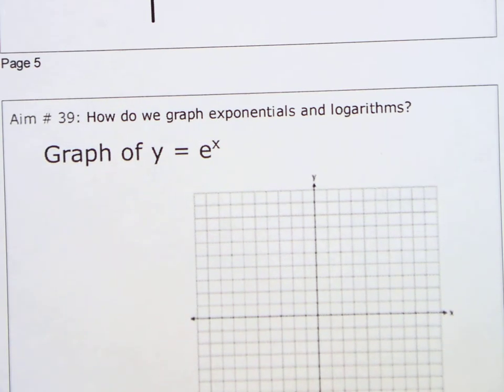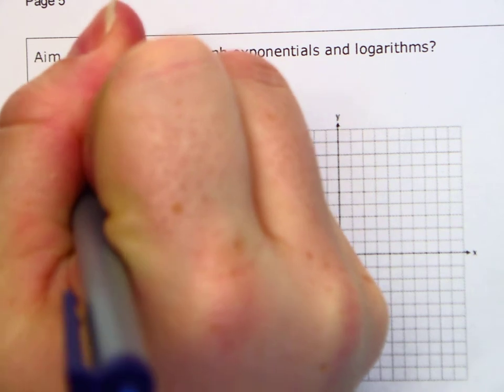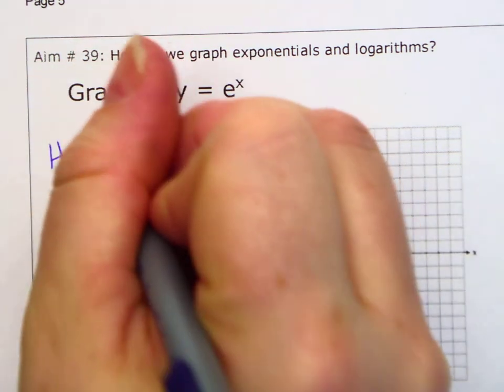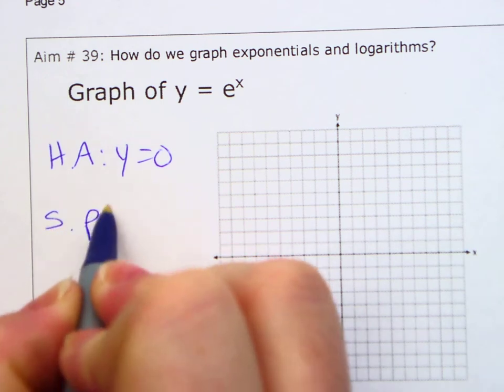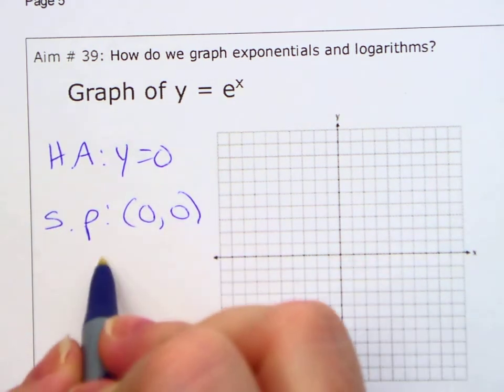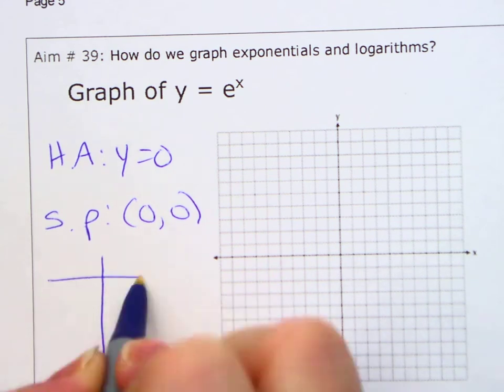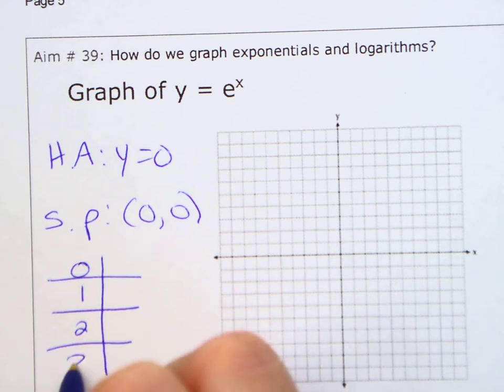All right? So look at y equals e to the x. What is our horizontal asymptote here? 0. Y equals 0. There's no number being added. What's our starting point? 0, 0. Now, if I plug in 0, 1, 2, 3.